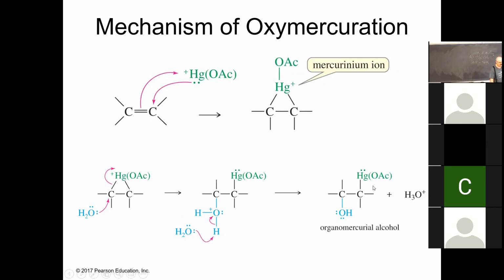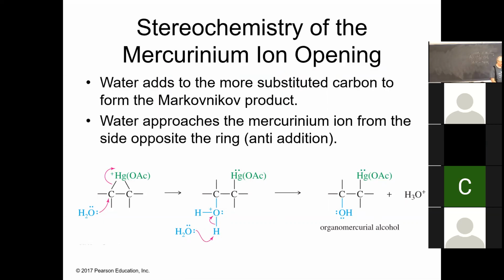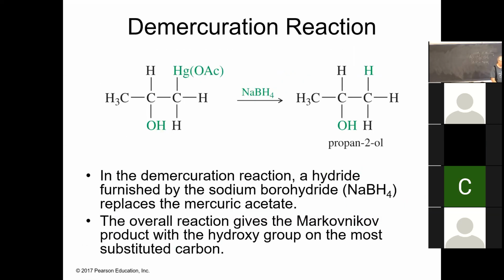We get this organomercurial alcohol and hydronium ion. All right, and then the next step, and we're not showing the mechanism here, involves sodium borohydride, which replaces the mercury with a hydrogen.